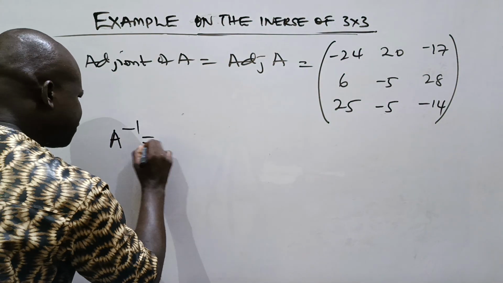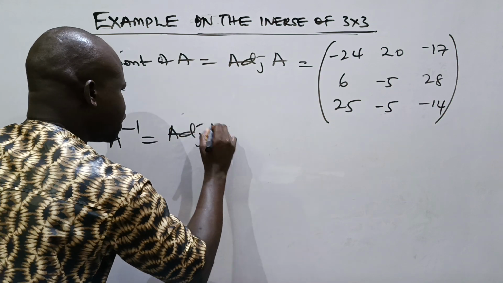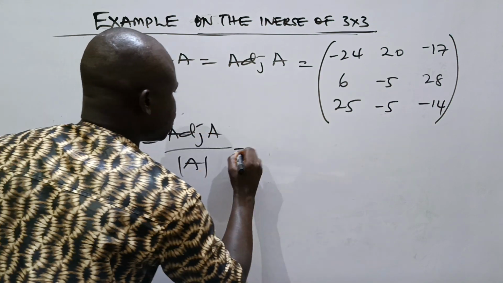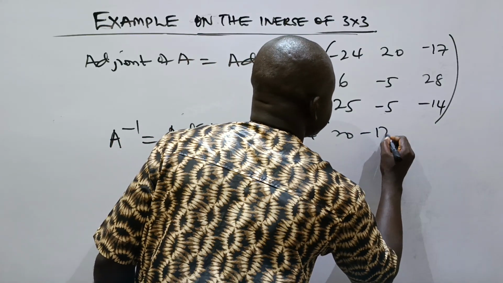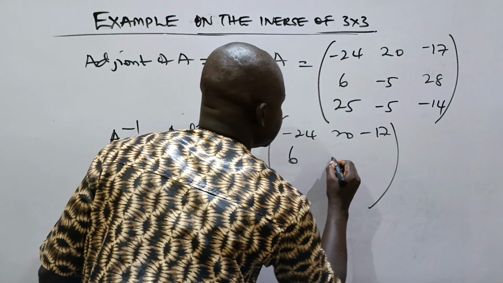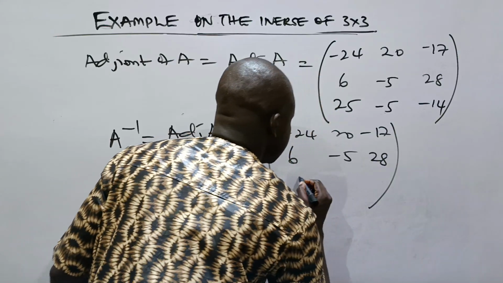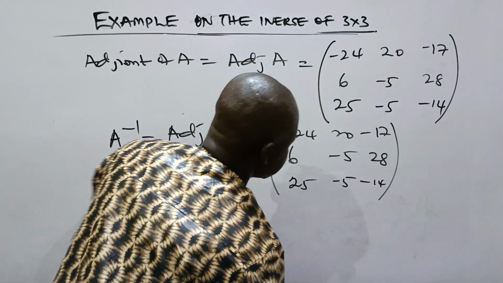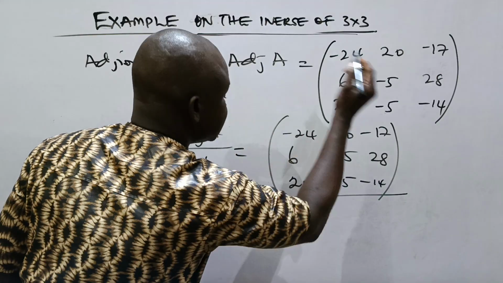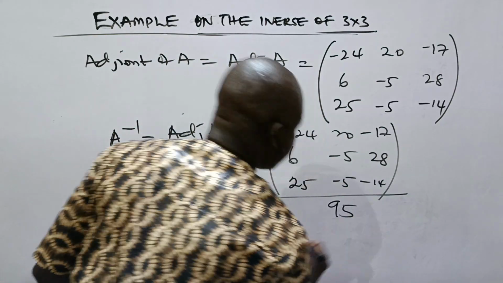So the inverse of A by formula is adjoint of A all over determinant of A. Of course, we know the adjoint of A, which is minus 24, 20, minus 17. We have 6, minus 5, 28. Then we have 25, minus 5, minus 14. Everything divided by the determinant, which is 95.